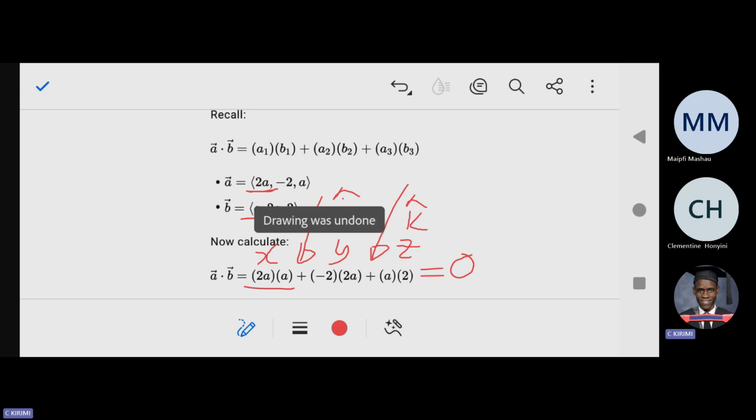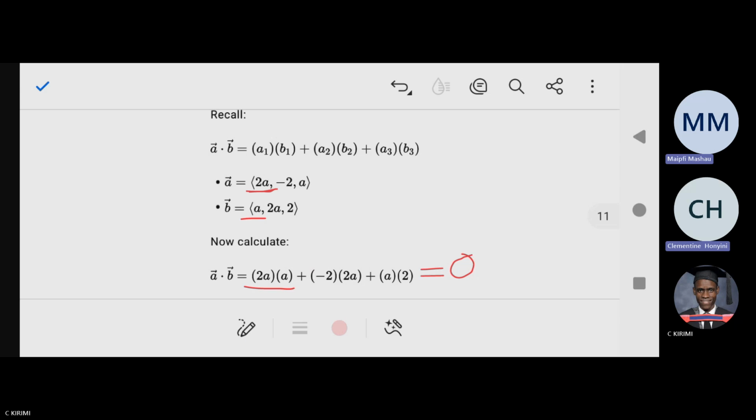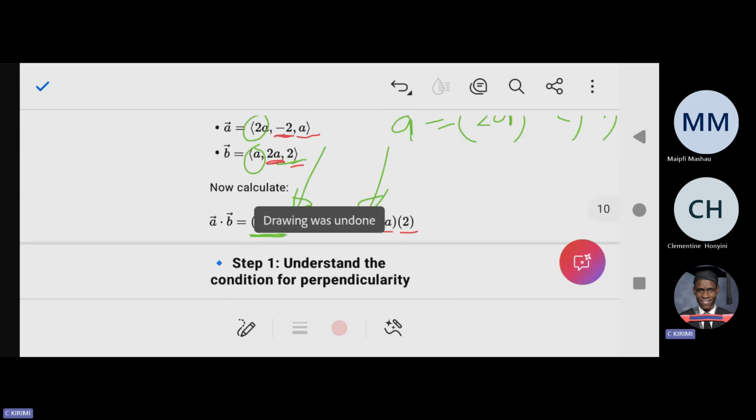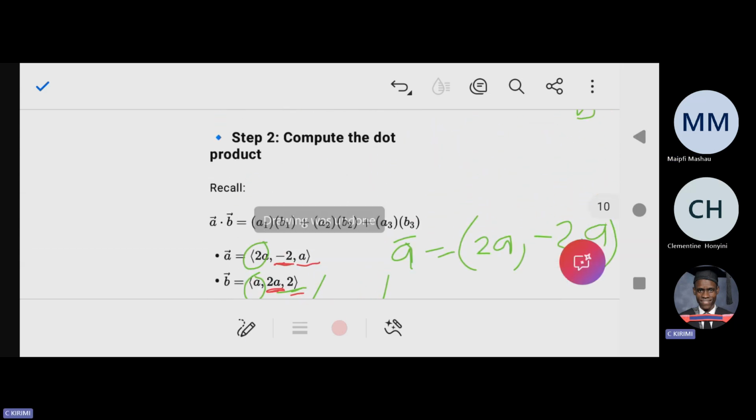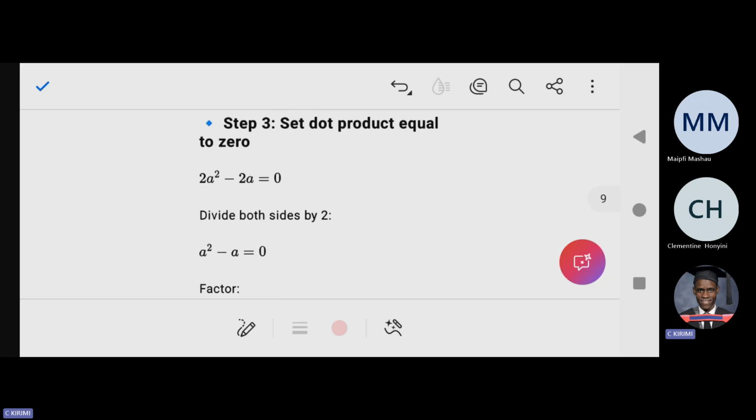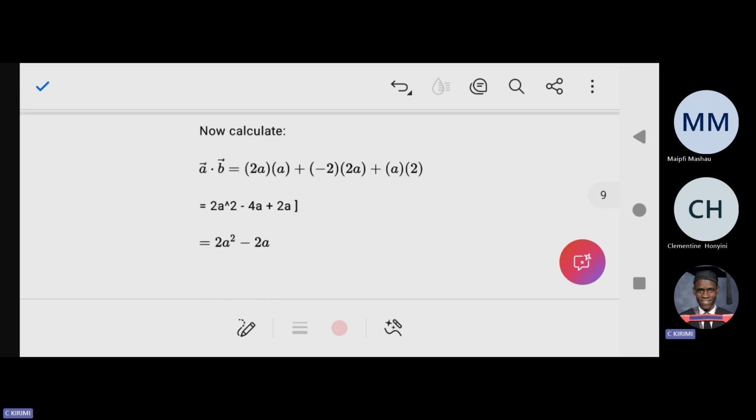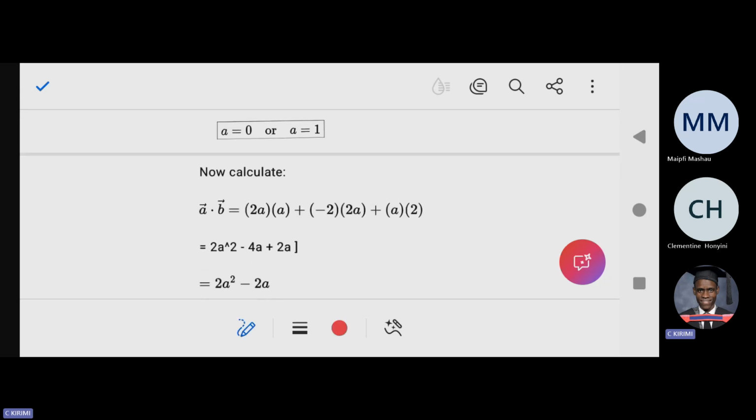So we have used this method because you want to solve for A, which is going to make these two vectors perpendicular. So should we continue now? Yeah. So if you are to continue, then it's fine. So now after we have those components, we multiply here.